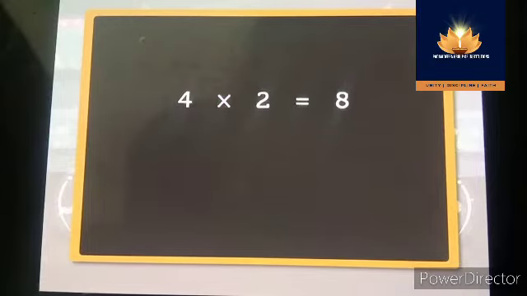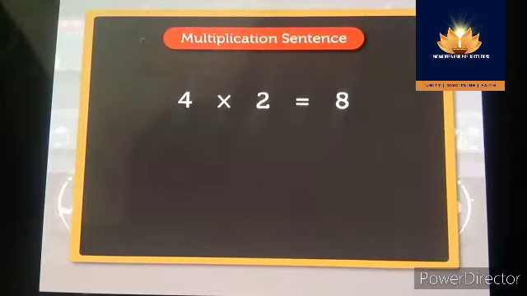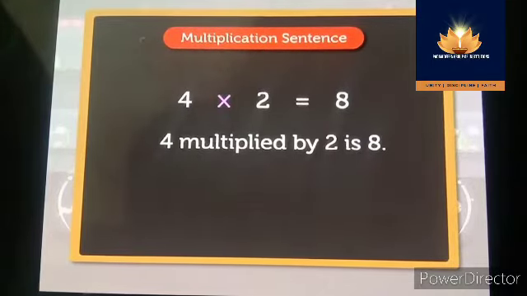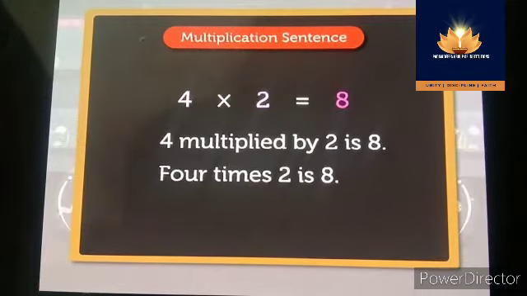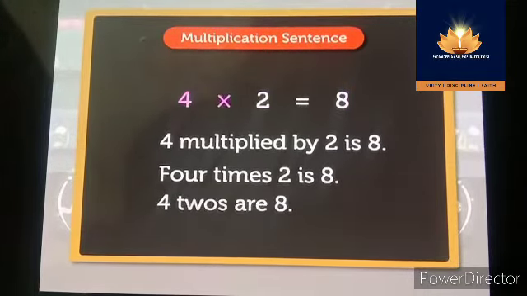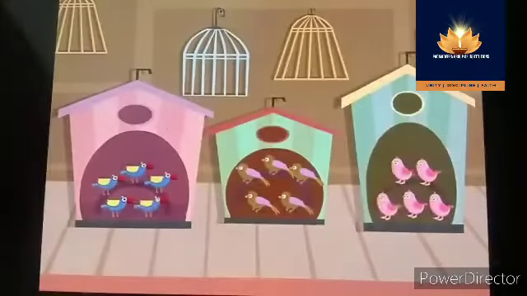This is called a multiplication sentence. It can be read as 4 multiplied by 2 is 8. 4 times 2 is 8. 4 2s are 8.